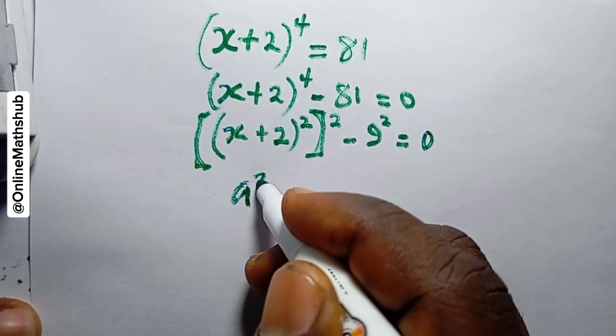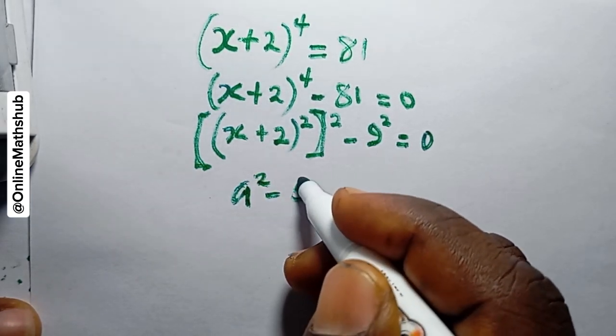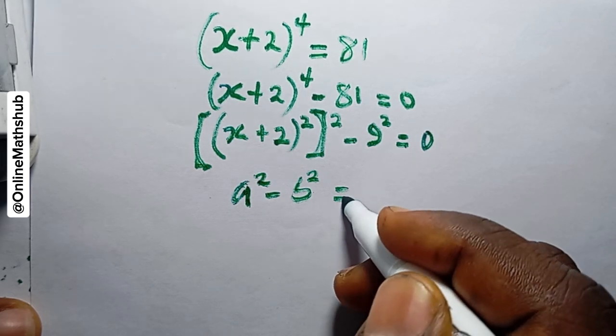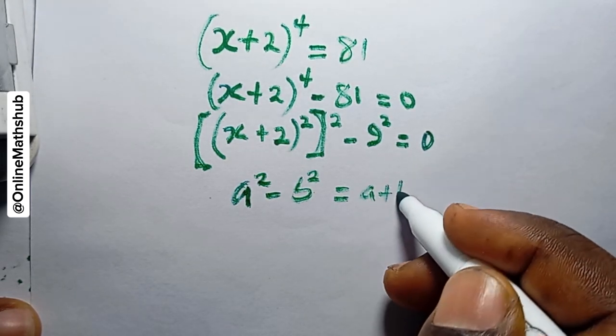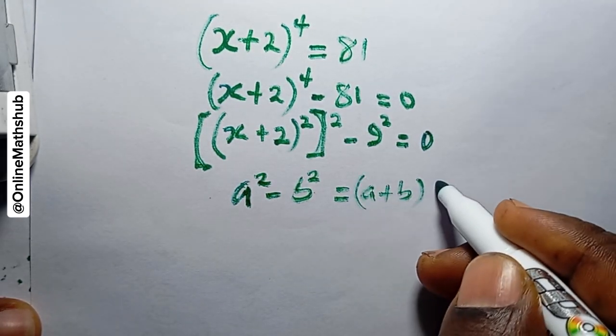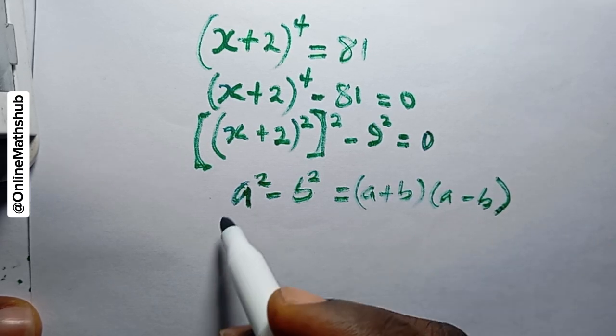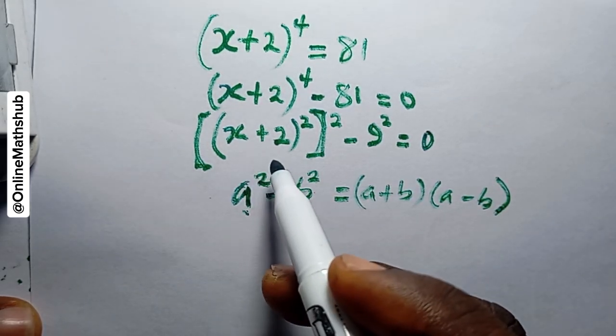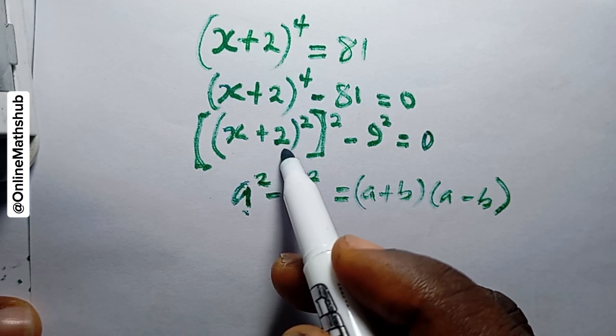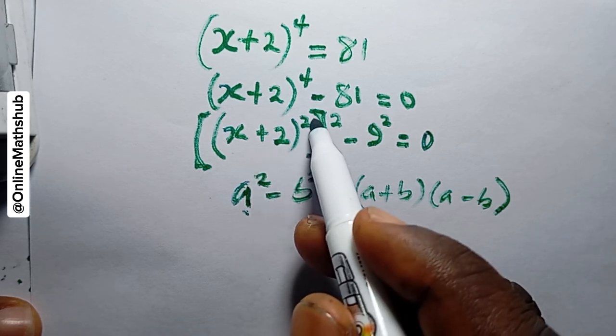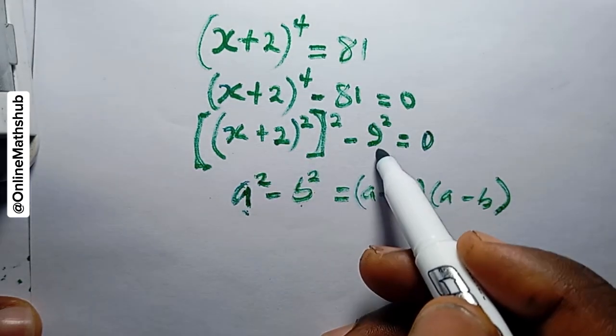And then you know about this mathematical expression. If you have a squared minus b squared, you can actually expand this to be (a + b) multiplied by (a - b). Okay, so in this case you can see that our a is (x + 2)^2 and our b is just 9.